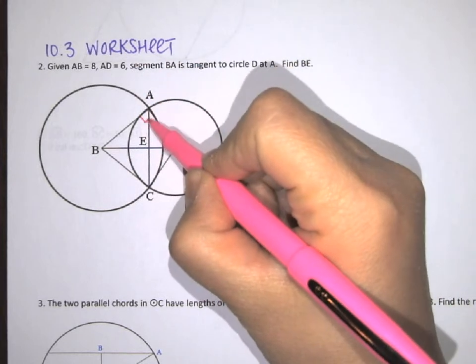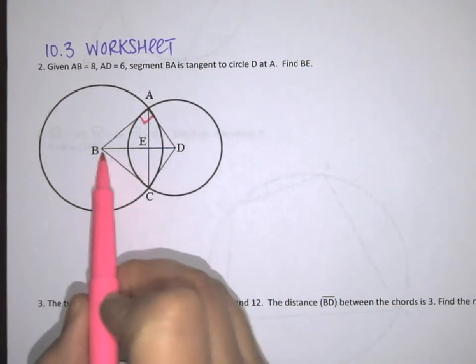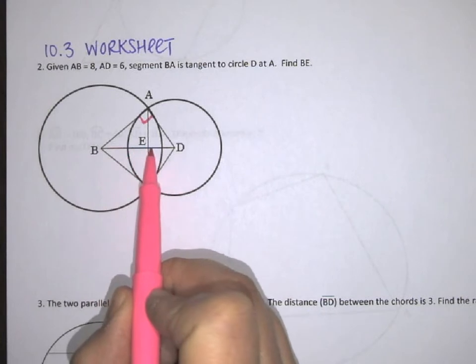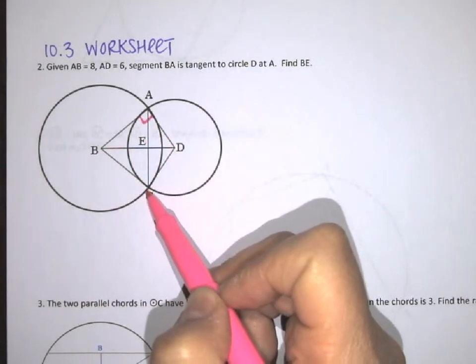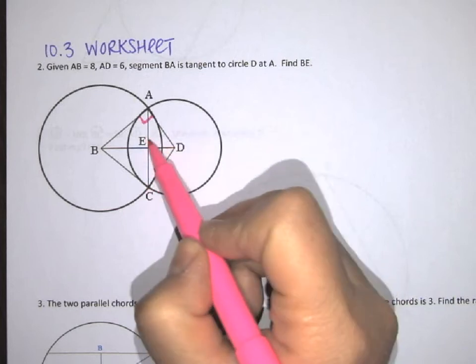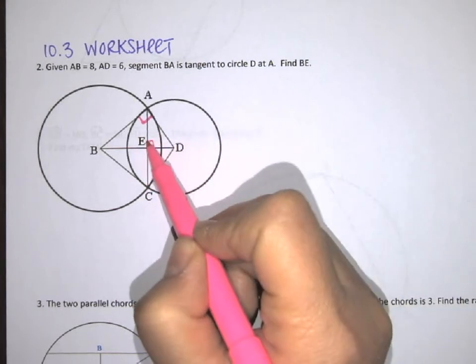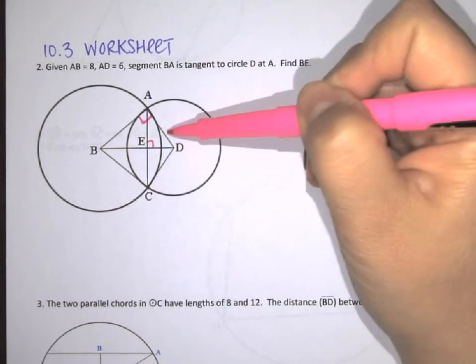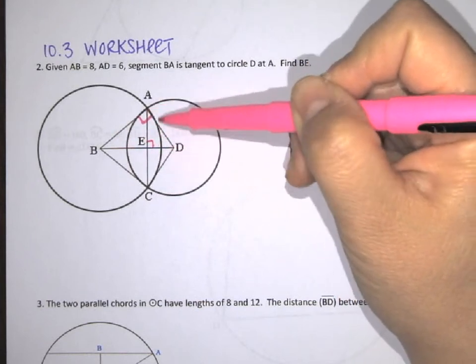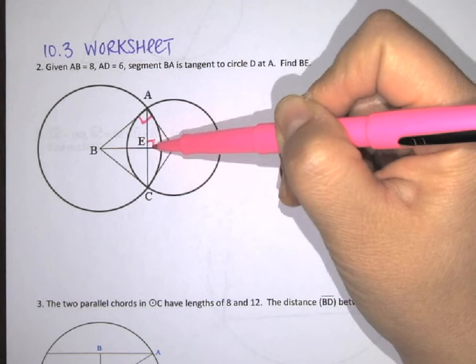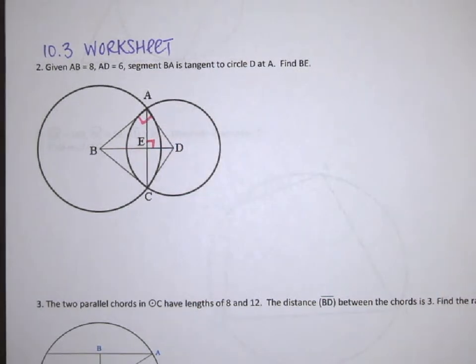That means this is a right angle. Also, we have a radius that goes through a chord, and this is also a right angle here. There are a lot of congruent triangles in here, so that's how we'll know that this is a right angle here.